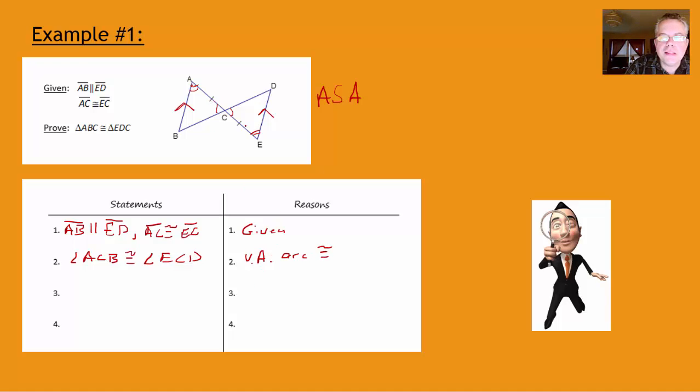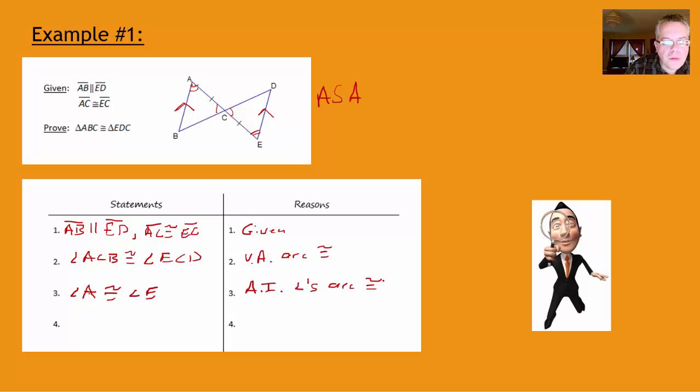We've stated that these segments are congruent and angles are congruent. Now we need to state that angle A is congruent to angle E. Why? Alternate interior. Look how much I'm going to abbreviate this. Alternate interior angles are congruent.